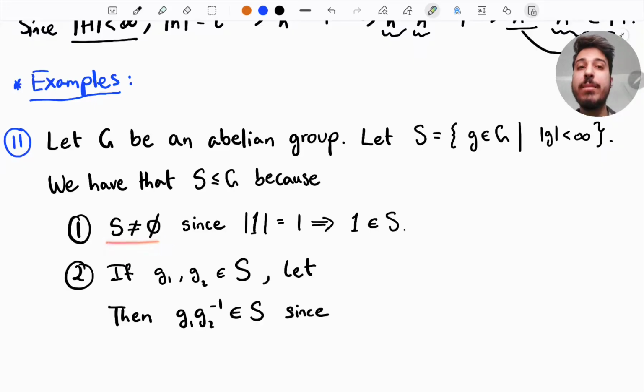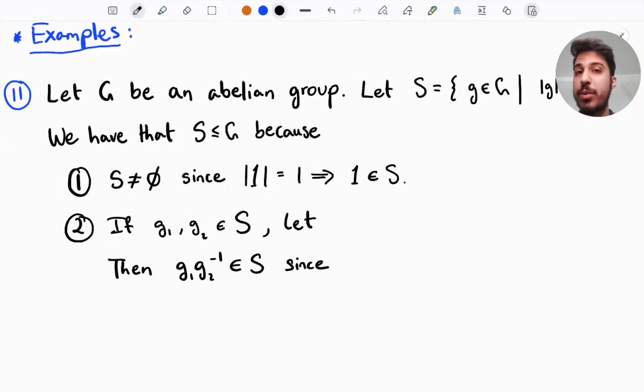So S is non-empty because the identity has order 1, a finite order, therefore making the identity a valid element in S.